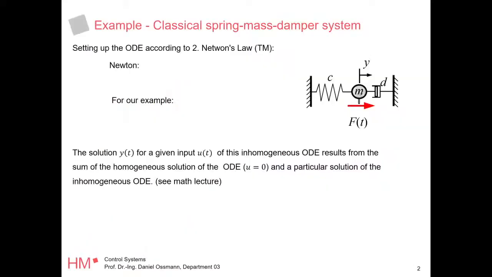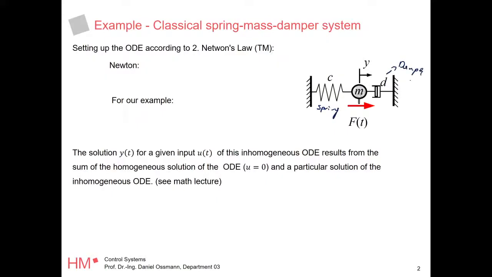A very famous, very natural example, which every mechanical engineer, aircraft engineer or automotive engineer is used to, is this spring-mass-damper system, right? So I'm assuming here we have a mass, we have a spring, and we have a damper.